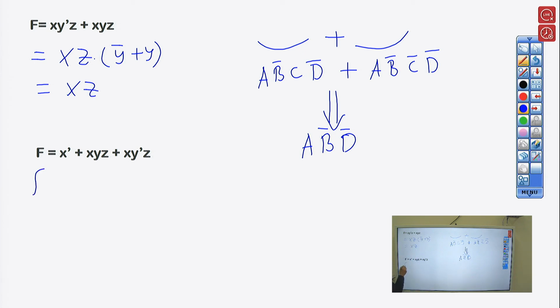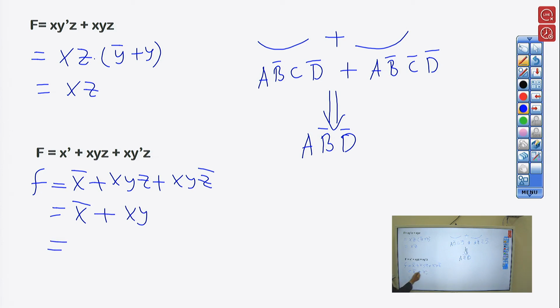Next, we have the following example. F equals not X, Y, Z, or XY, not Z. Again, these two terms differ on Z, so they equal XY.